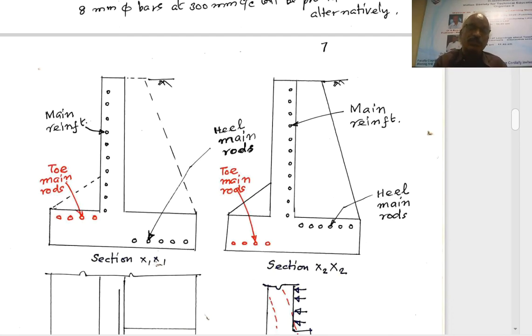Midway between the counterforts, that is in the figure on the left hand side, the steel is at the top. And on the section of the counterforts, that is the figure on the right hand side, the steel is at the bottom. They are looking like dots or circles.